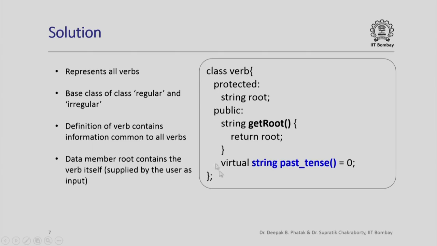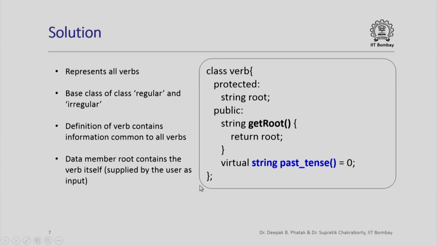So while we are going to have this class verb, it would be good to have this as an abstract class. We do not really want to instantiate an object of the class verb. This is meant to be the base class of a class of regular verbs and similarly a class of irregular verbs. And as you can see here, by declaring a pure virtual method in this class, I have basically rendered this class abstract.